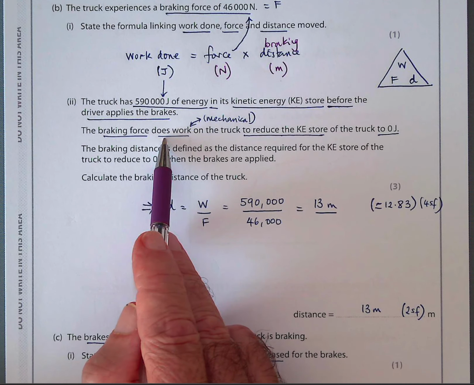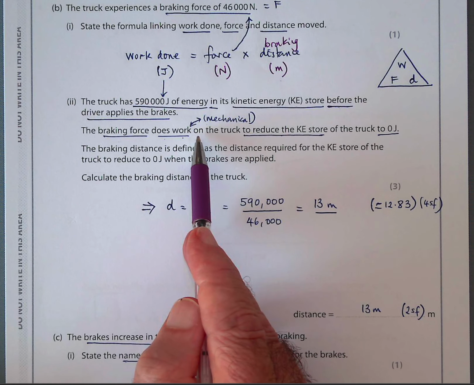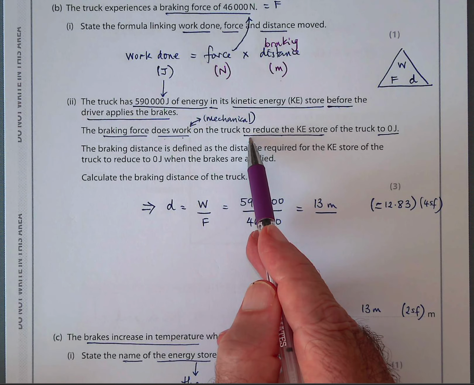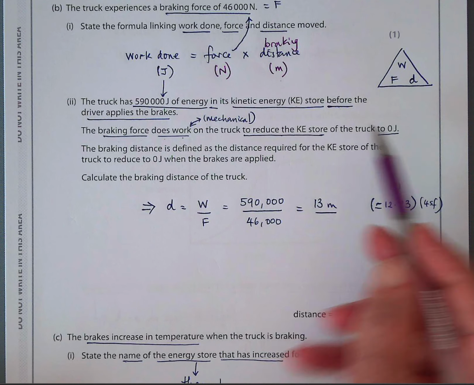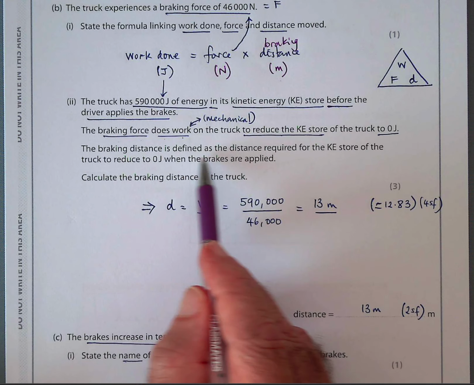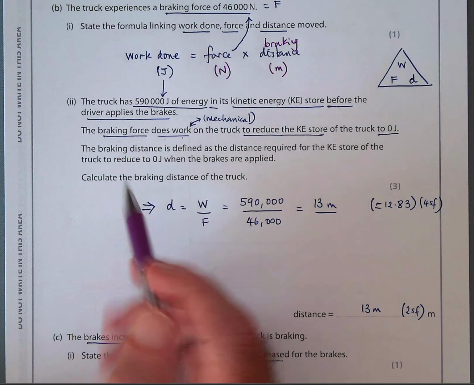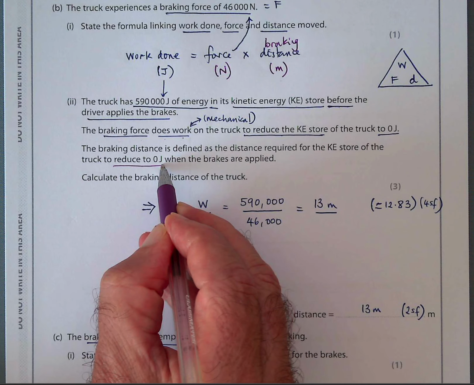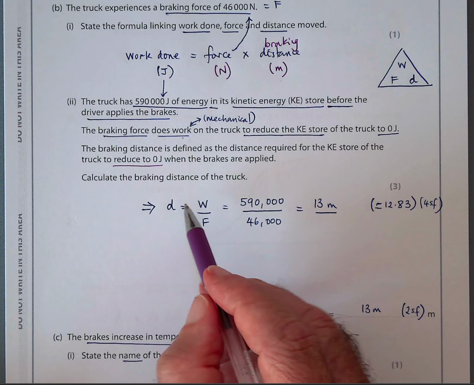The braking force does mechanical work, because it's force times distance, on the truck to reduce that kinetic energy store of 590,000 joules to zero. So the braking distance is defined as the distance required for the kinetic energy store to reduce to zero. In other words, you've used up all the kinetic energy when the brakes are applied.